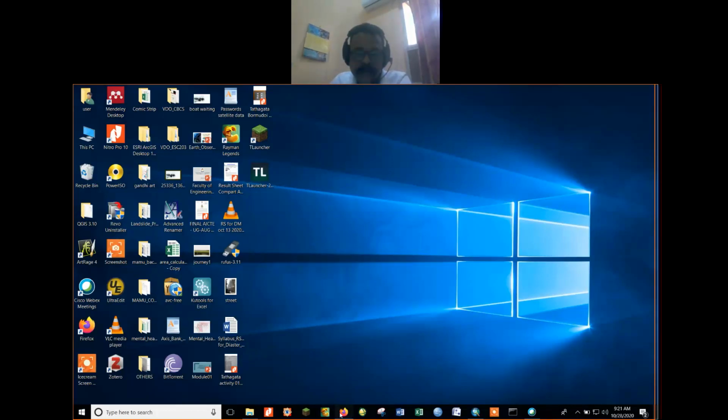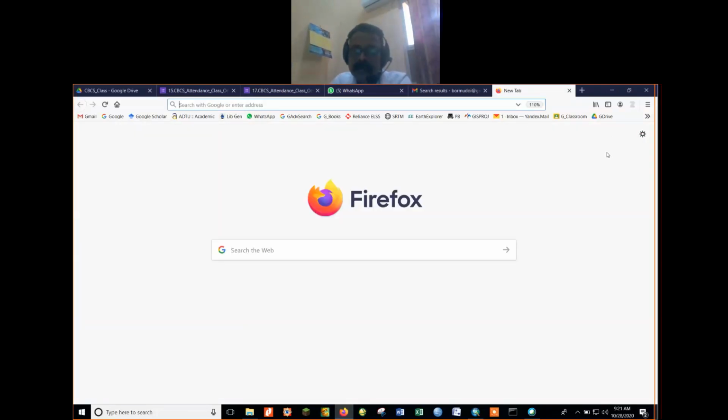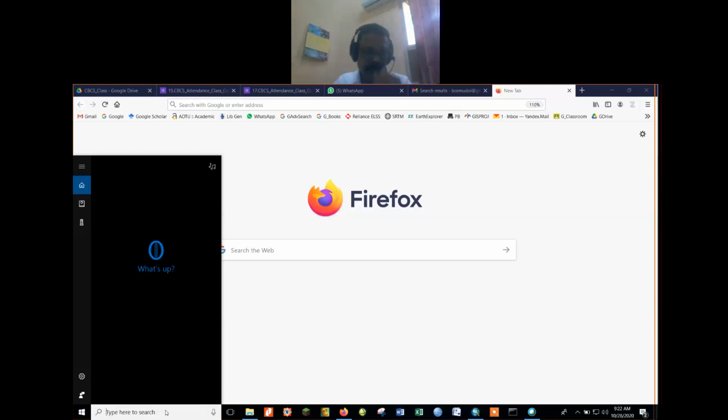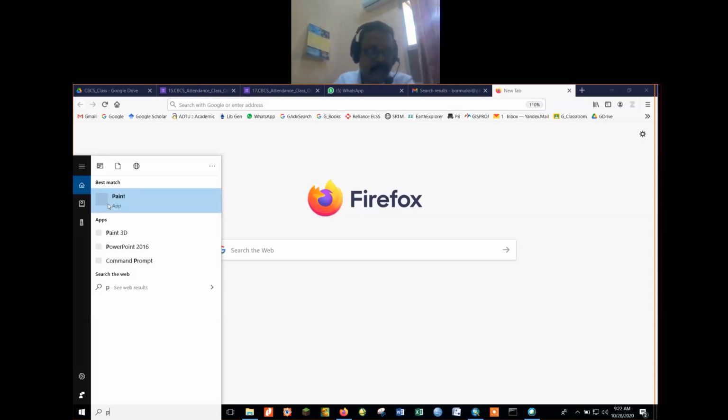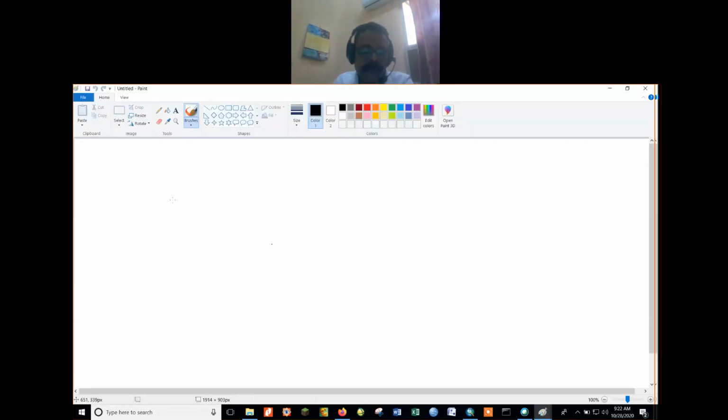Okay, so let us find some data set which is known as the vector data, or also known as the shapefile. So this is known as the vector data.